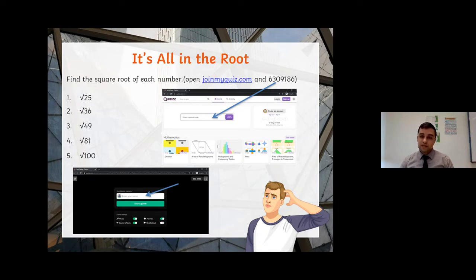Enter the game code 6309186, then click on join. On the next page, enter your name and click on start game. It will take you to the quiz, where you will have 5 questions and you have to find the square root of each of these numbers.